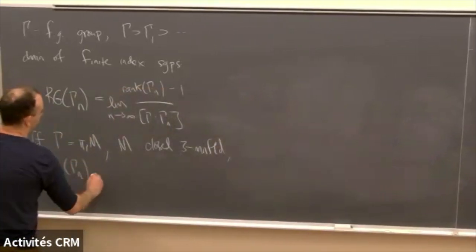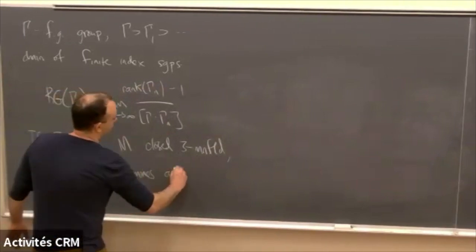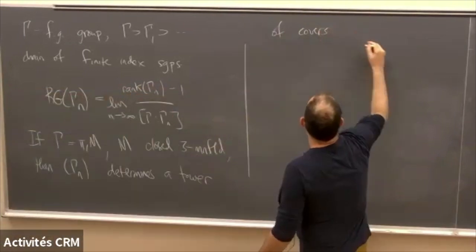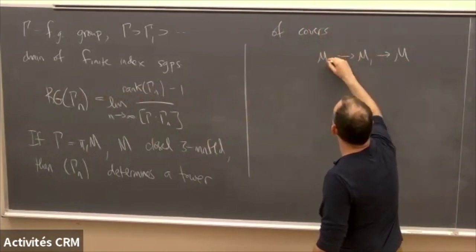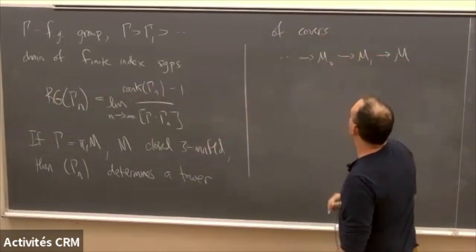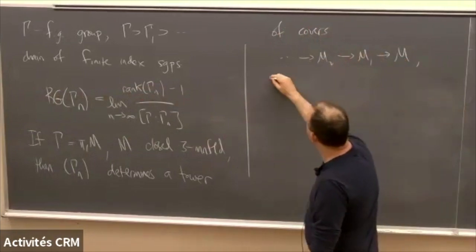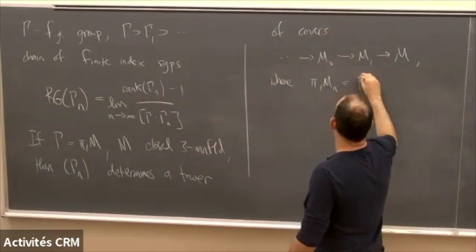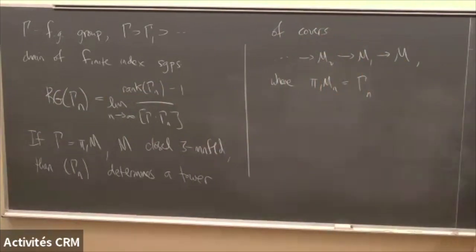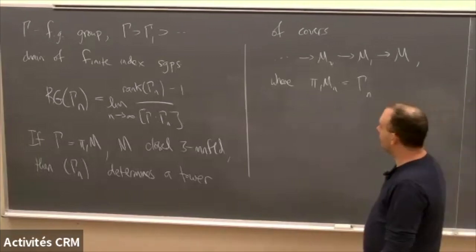So gamma n determines a tower of covers, say M covered by M1 covered by M2, where pi1 of Mn is identified with the subgroup gamma n inside of pi1 of M.